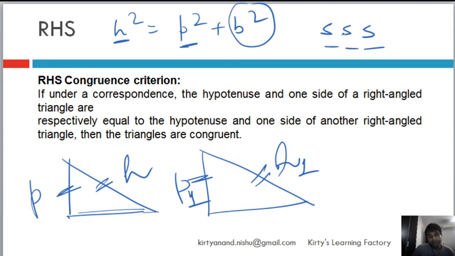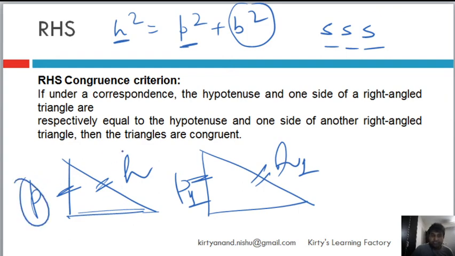Correct? So very simple. The other way, one more thing I would want you to look at, is that the hypotenuse and one side of the triangle are respectively equal. The other way of looking at it is why we are saying that one side and hypotenuse have to be equal.